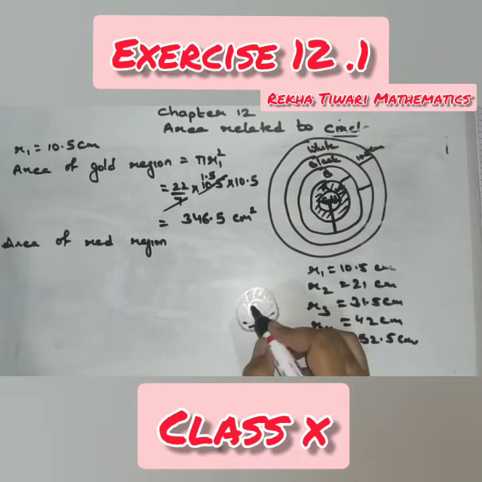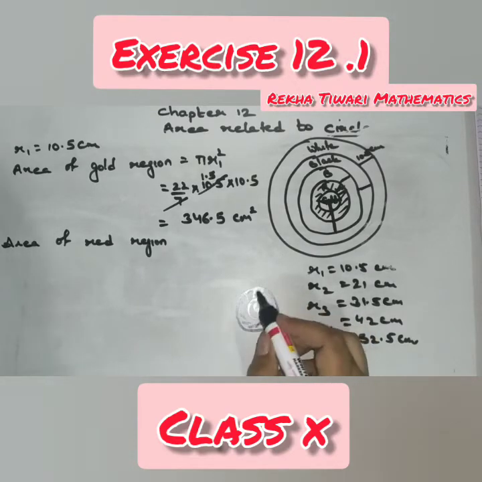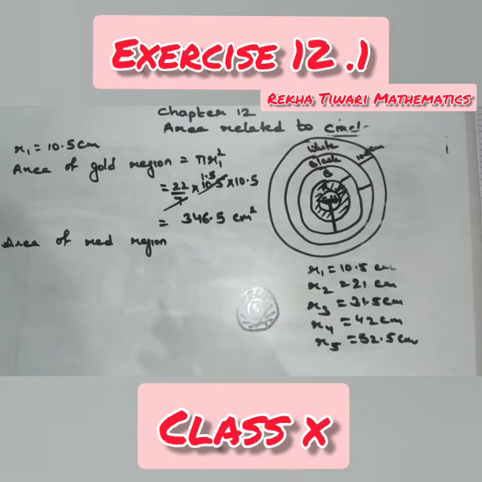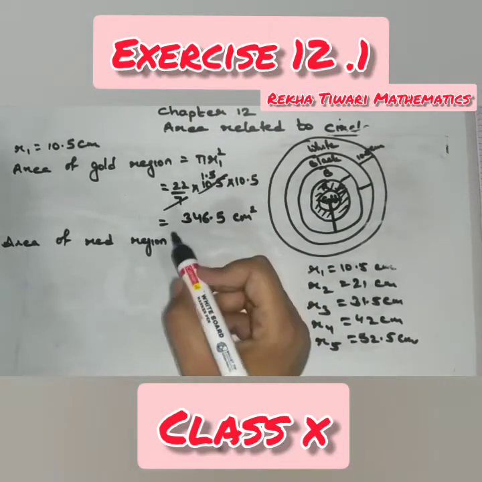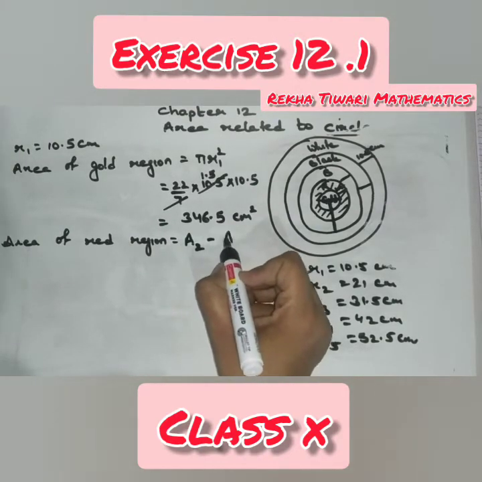To get this shaded portion, what we have to do? Area of second circle minus area of first circle. So we will get the area of red region, correct?